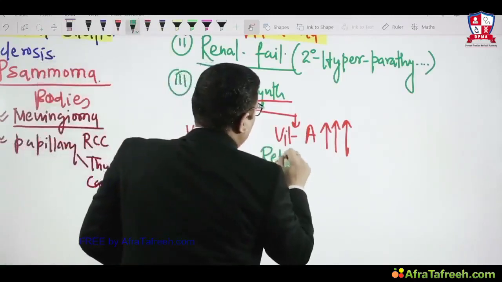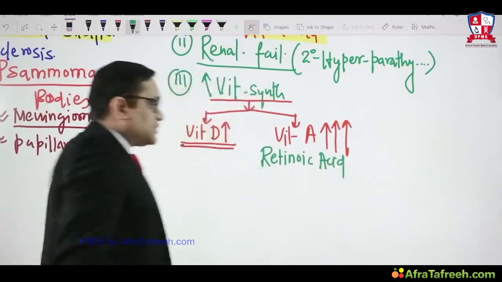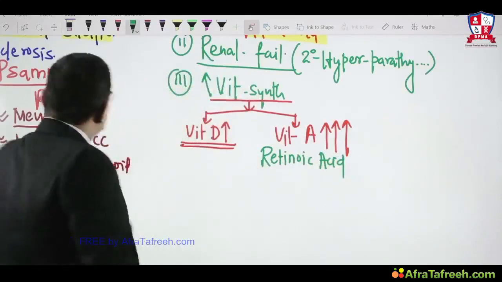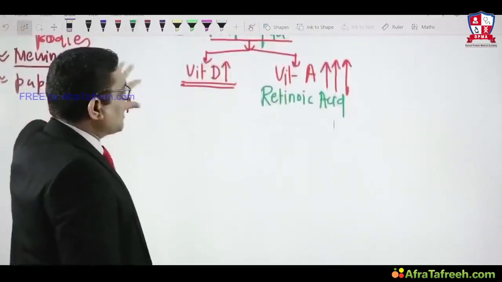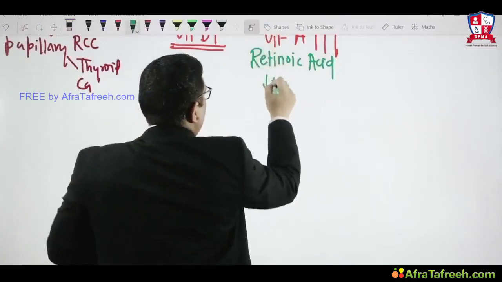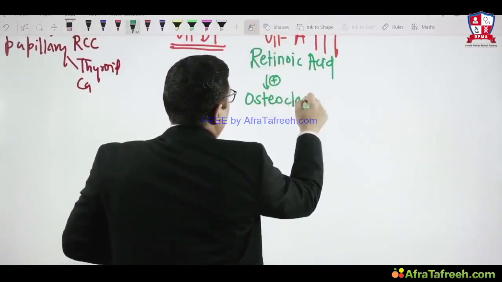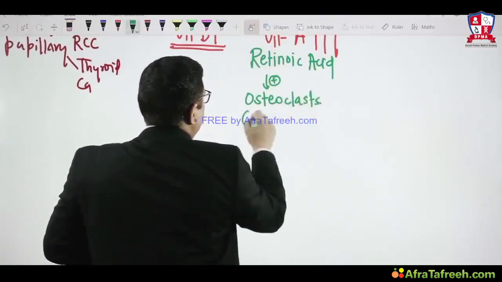How? I will explain this concept. Retinoic acid, which is present in vitamin A, has a tendency to activate osteoclastic cells. So this retinoic acid will activate osteoclasts in our bone, and we all know what an osteoclast is.